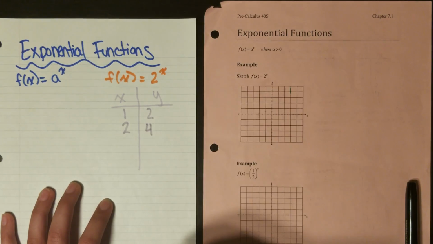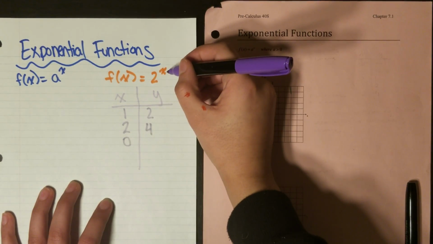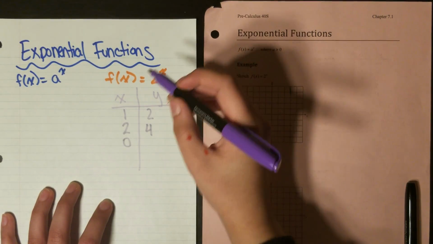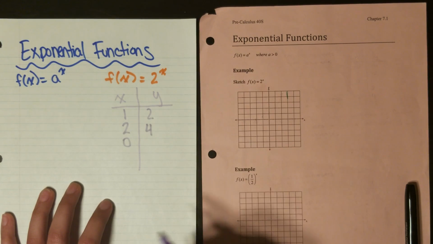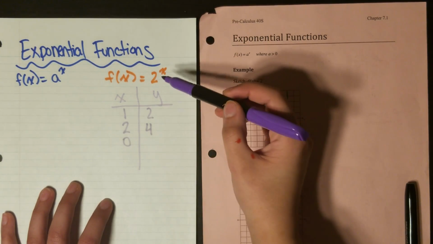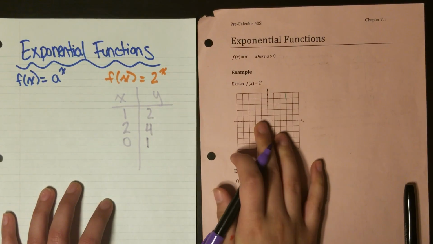What about if we had 0? When x is 0, what is y? We know that anything to the exponent of 0 is going to be 1. So when x is 0, 2 to the exponent of 0 is just going to be 1.